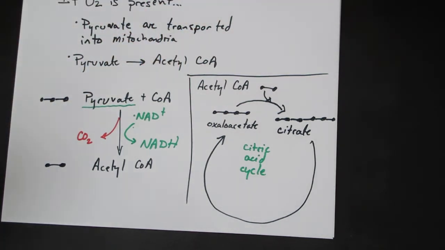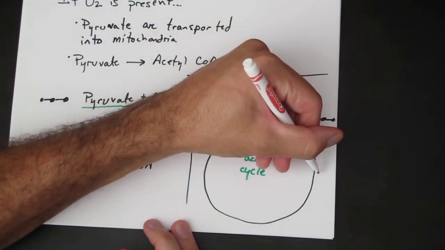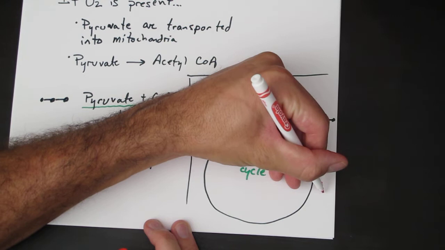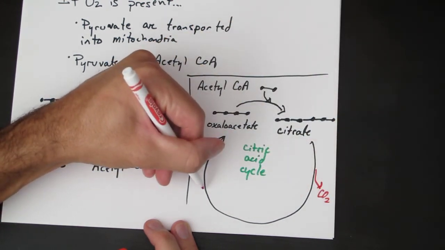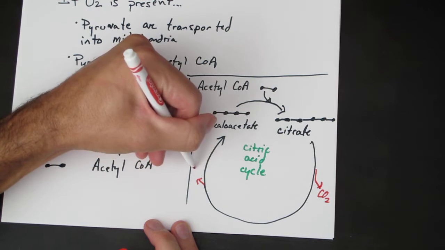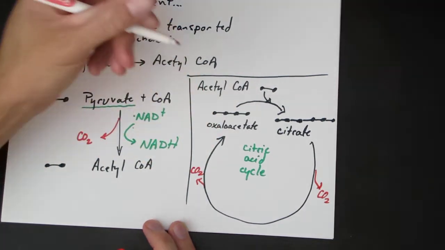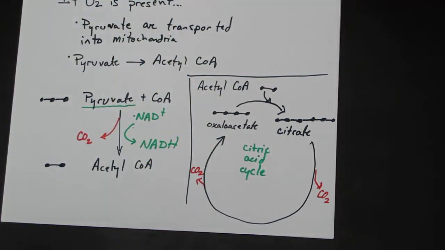And as you might have guessed from our previous discussion about the conversion of pyruvate to acetyl-CoA, we're going to lose those carbons as carbon dioxide. So let's go ahead and pull those CO2s out here as well. CO2, and we have a loss of CO2 right about here as well. I'm putting these in their approximate place on the cycle, but it doesn't really matter. All right?